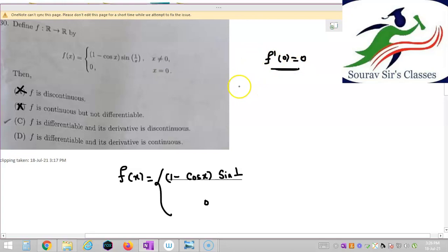Now when x is not equal to 0, I need to find the derivative of it. For f dash x, we need to use the UV derivation.